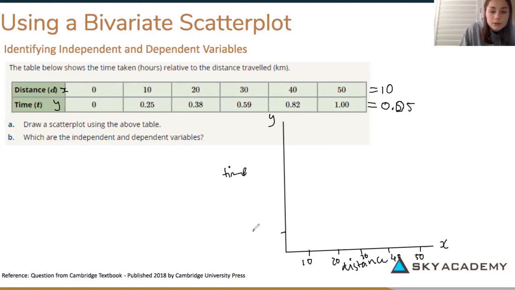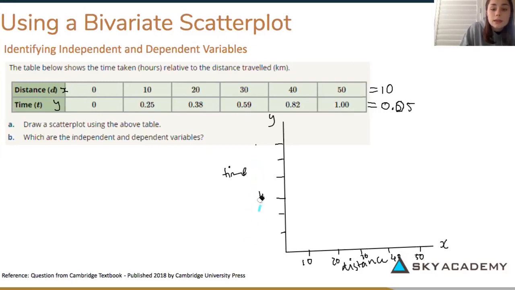So we have 0.25, then 0.3, 0.35, 0.4, 0.45, 0.5. Nope, that's going to take too long. Let's just do 0.1. So 0.2, 0.3, 0.4, 0.5, 0.6. Nope, still not going to work.